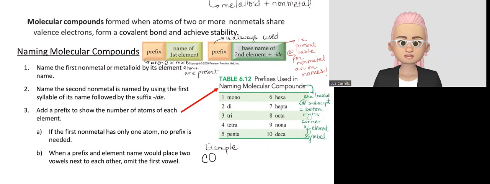We don't see a number on the bottom right corner of carbon. And remember that for the first nonmetal, only it receives a prefix when it has a subscript of 2 or more. So right now, for it, we are just going to write the name of the element, carbon.